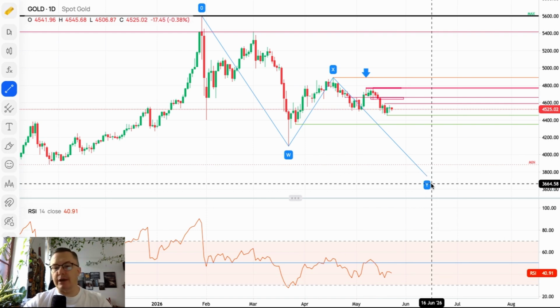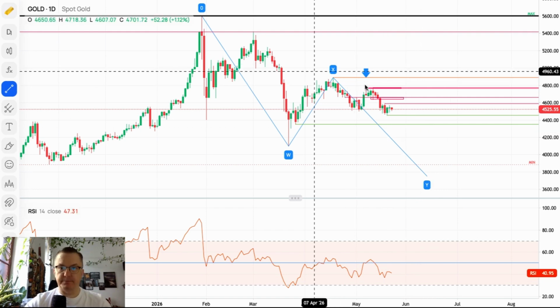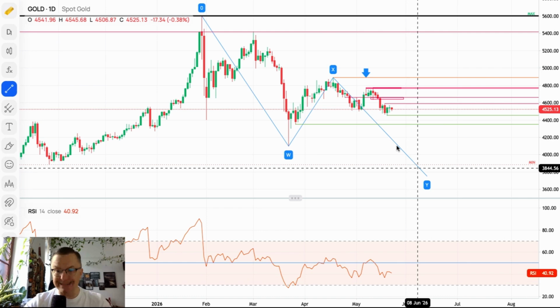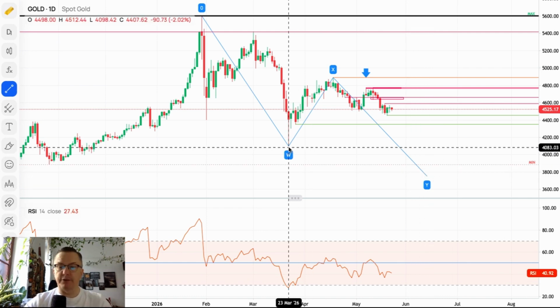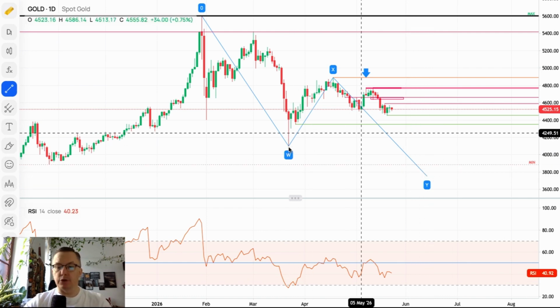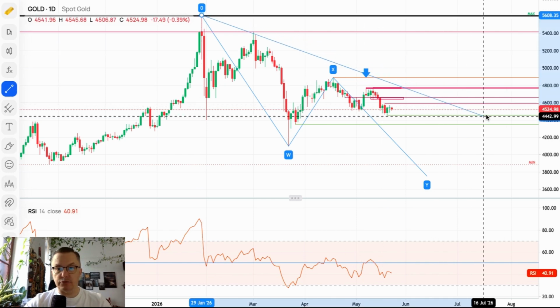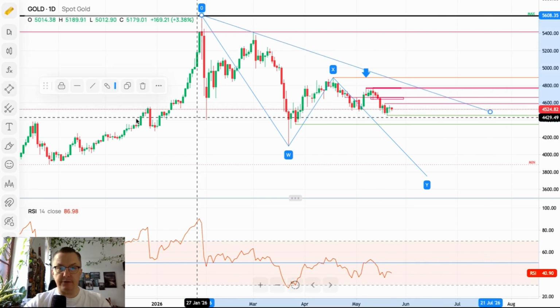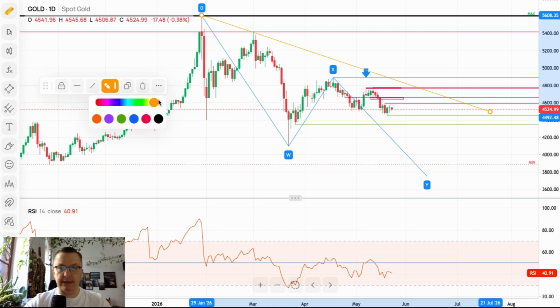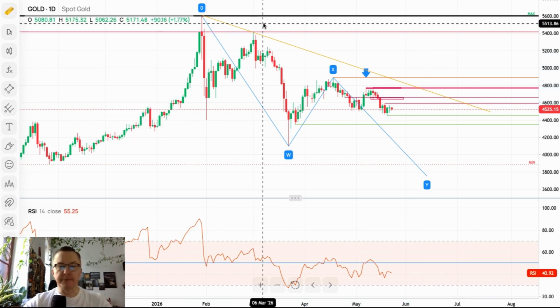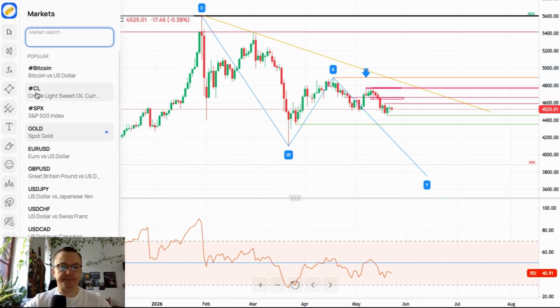Irregular, flat, triangle, zigzag, whatever, you name it. So please consider that we don't have to go below the low of the wave W in order to complete the wave Y. That's my point. And now let's say the trend line to the extremes looks like this. By the extremes, one support point.